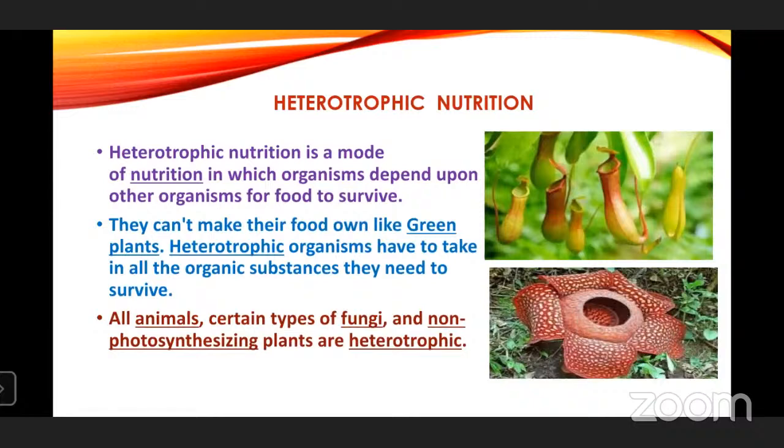And nutrition in amoeba. Dear students, amoeba is a single-celled living organism, which we already discussed in 8th and 9th class.